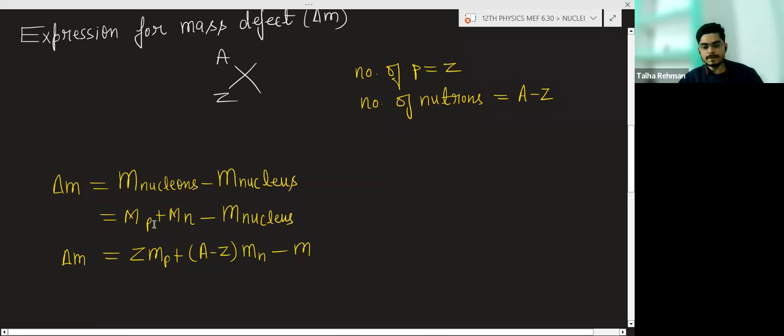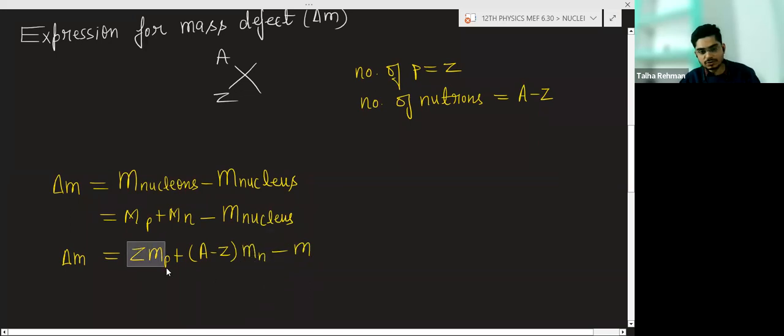So this is the mass of the total number of protons, and these are the mass of the total number of neutrons. The total number of protons is Z, and Mp is the mass of one proton. The total number of neutrons is A minus Z, times the mass of one neutron.